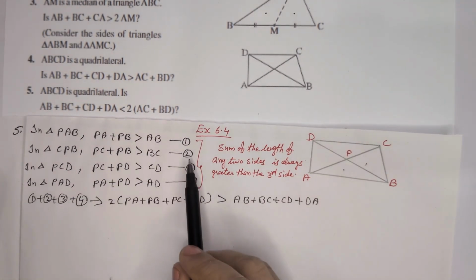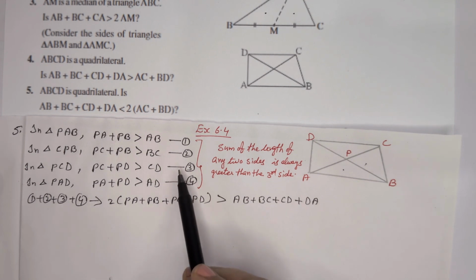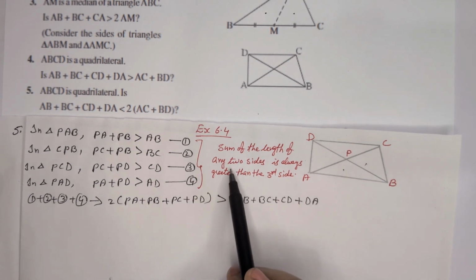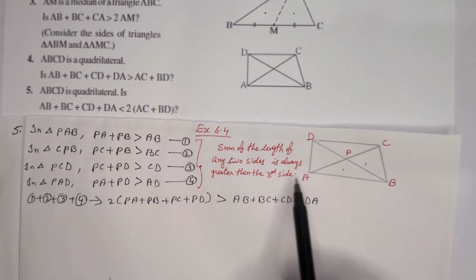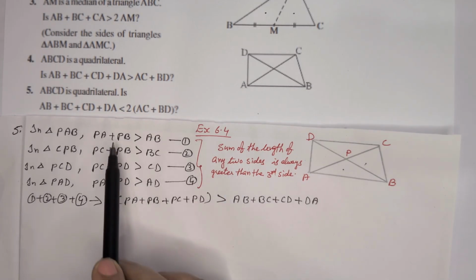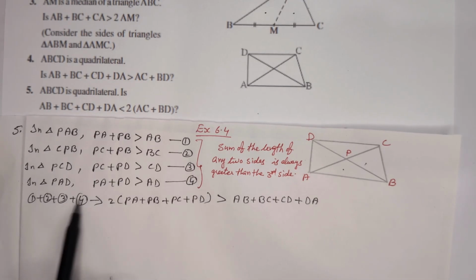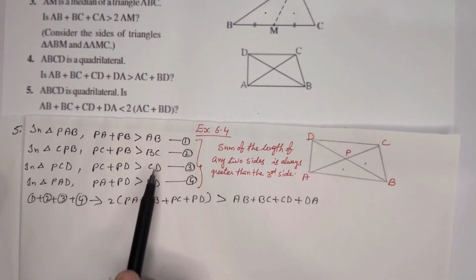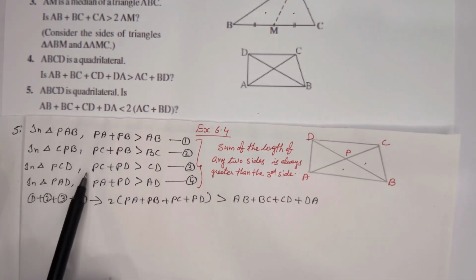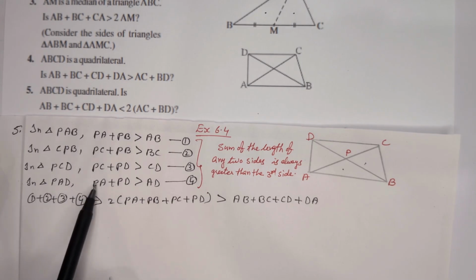Here we have to write the rule we applied: the sum of the lengths of any two sides is always greater than the third side. Using that rule, we have written all four inequalities. Then when we add all these four, we can see 2 times each term is repeated. PA is 2 times, PC is 2 times, PB, PD.